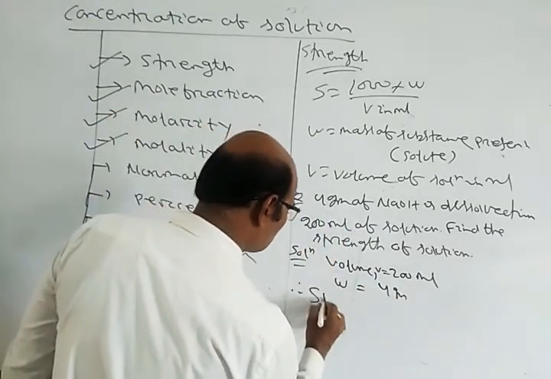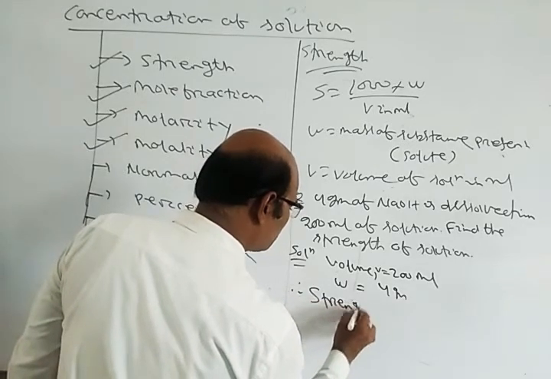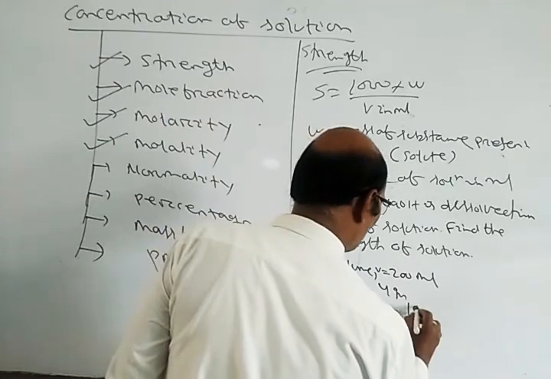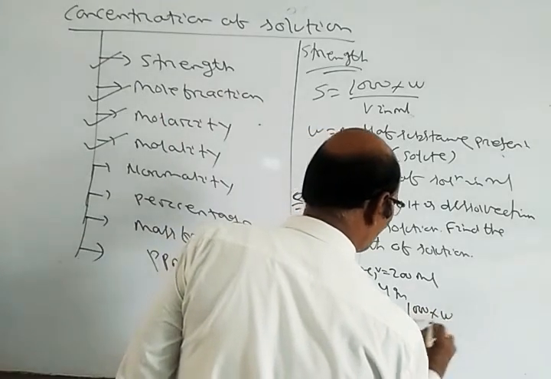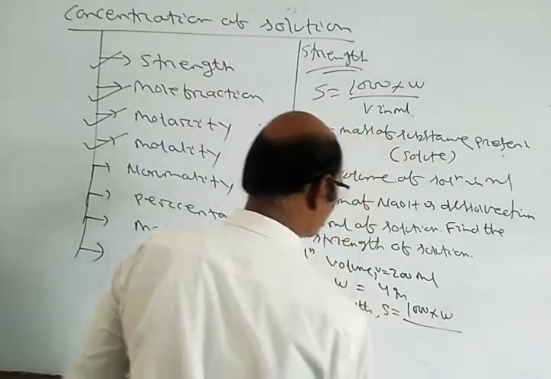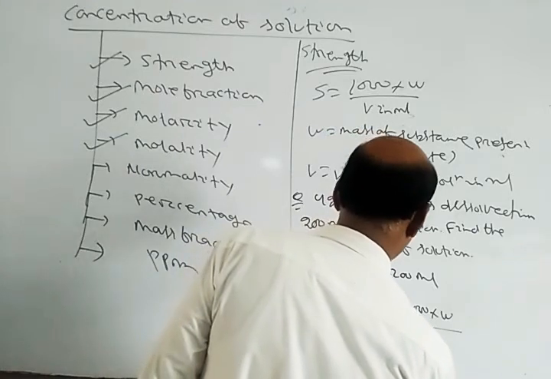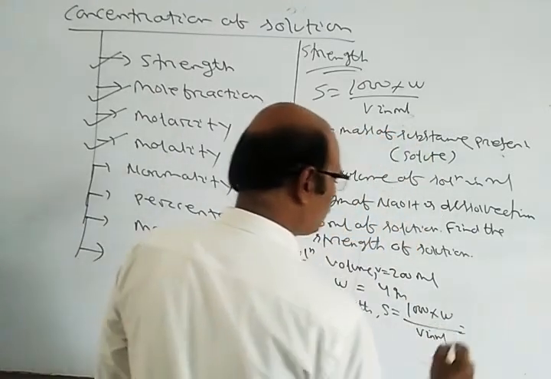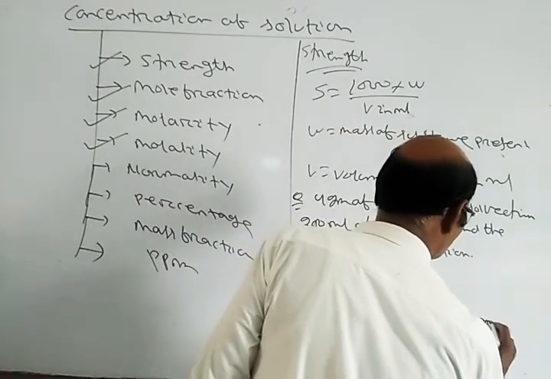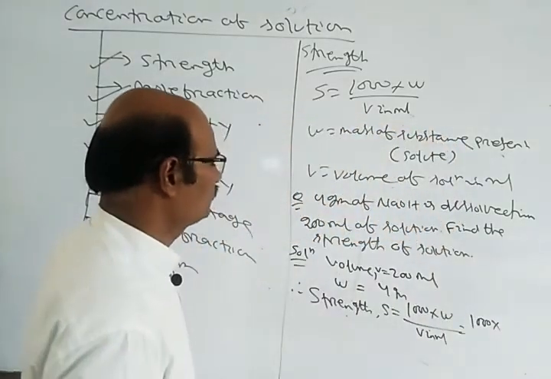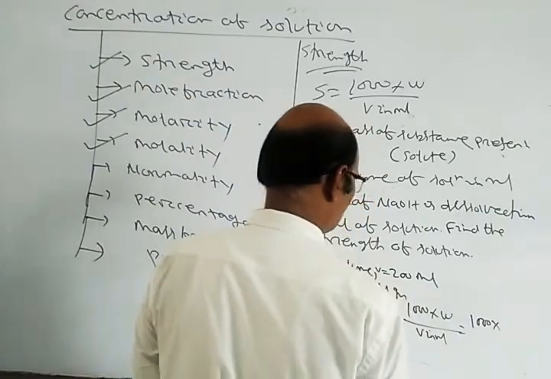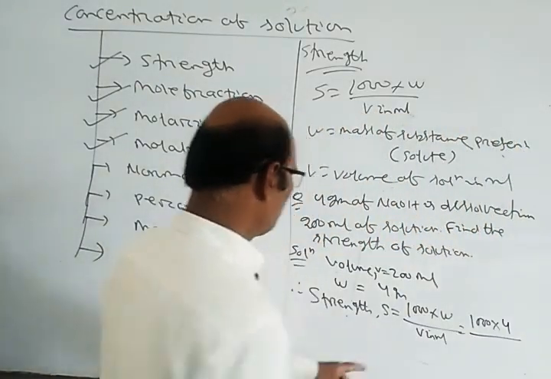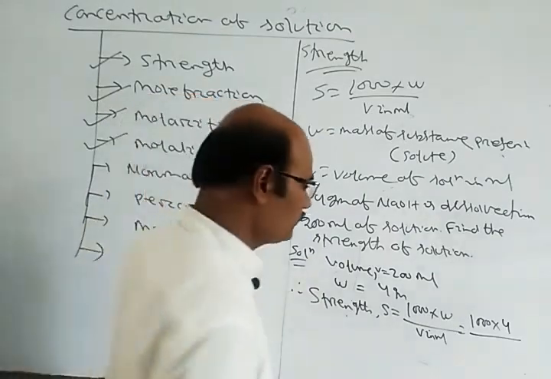Therefore strength S is equal to 1000 into W by V in ml, which is 1000 into 4 gram by 200 ml.